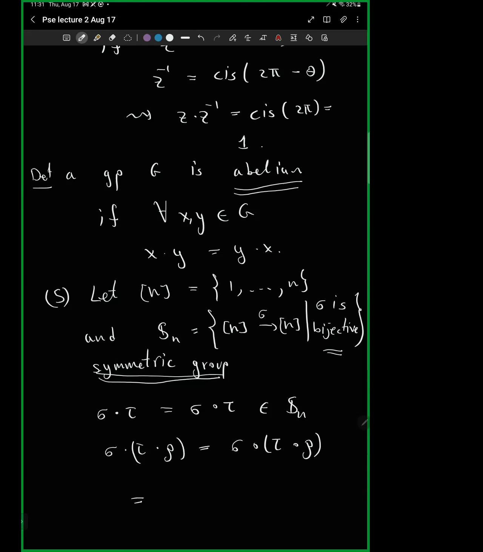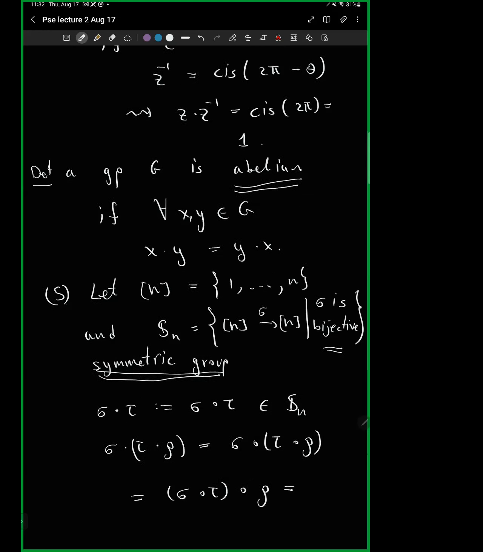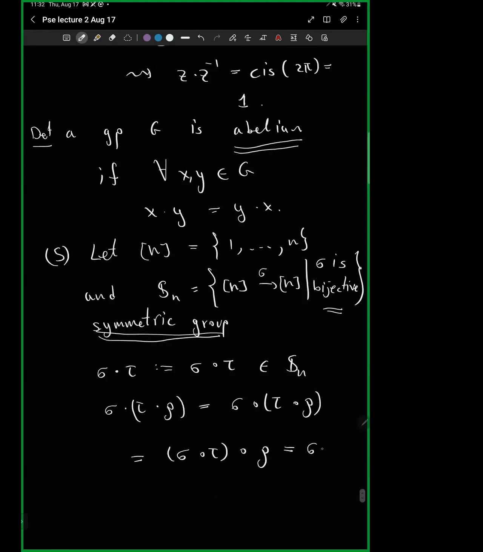But since composition of functions is associative, you get sigma composed tau composed rho, which by the definition of the binary operation, is sigma operation tau and operation rho.